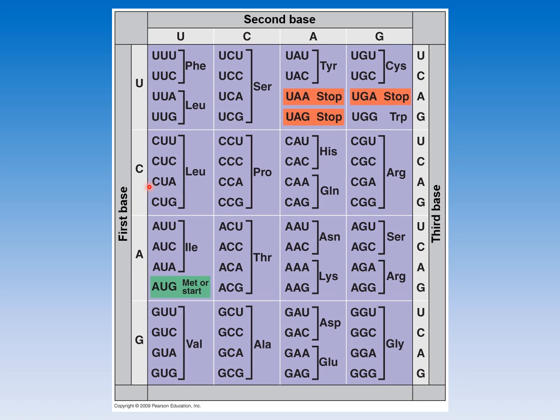Now, you change the first position here, the first base. Oh, that's going to be devastating, obviously. You usually end up with a totally different amino acid. But the 3rd place, now sometimes here, like you see, the 3rd one, yes, it will make a difference.